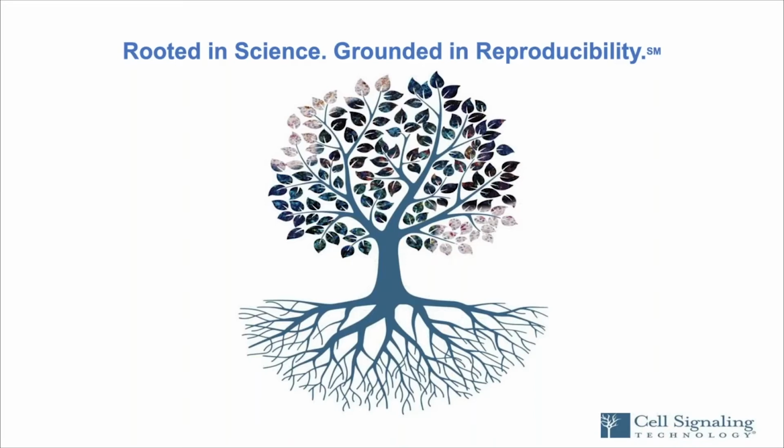One thing you could do is try baking the slides prior to your staining protocol. And I would recommend like 60 degrees Celsius for an hour. That can help the tissues adhere to the slides a little better. And I would also be sure that you're using charged slides or poly-L-lysine coated slides as well.